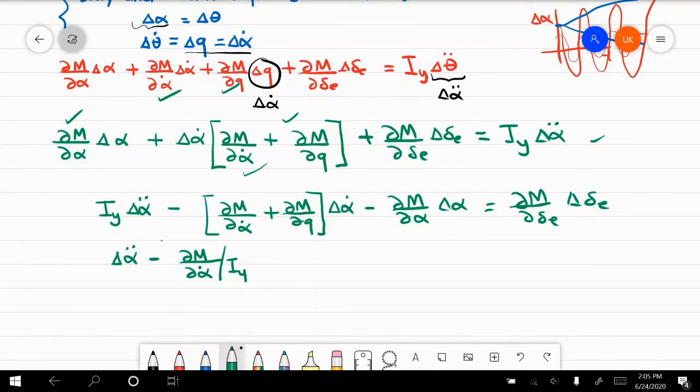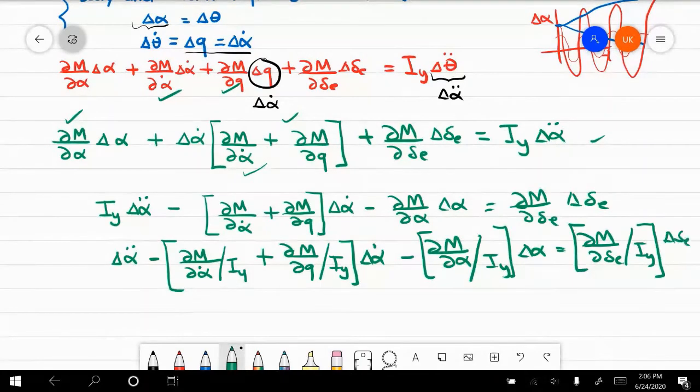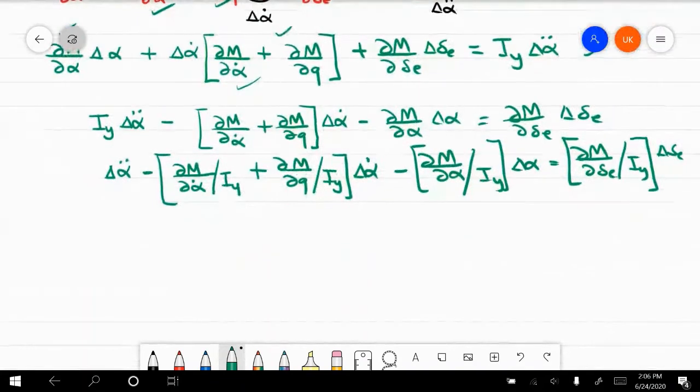So minus, plus dM/dq over Iy delta alpha dot, minus dM/d alpha over Iy delta alpha, equals dM/d delta e over Iy delta e.